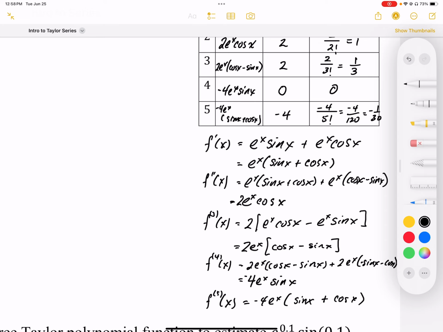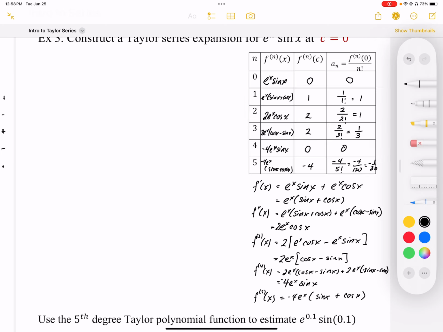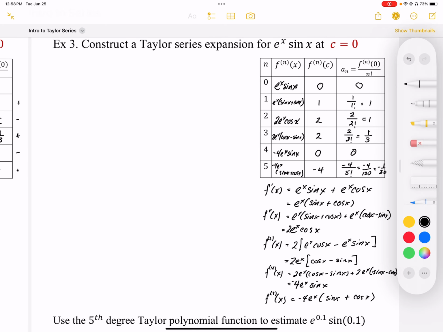Okay, so we've generated our derivatives. We've calculated our a_n terms. Now we can construct a Taylor series based on this. So in this case, we're going to write our 5th degree Taylor series for this.